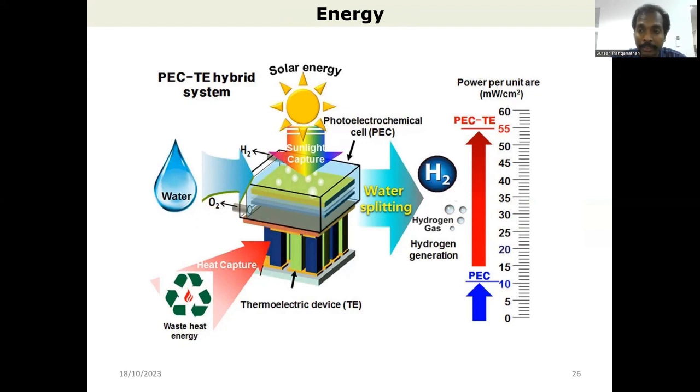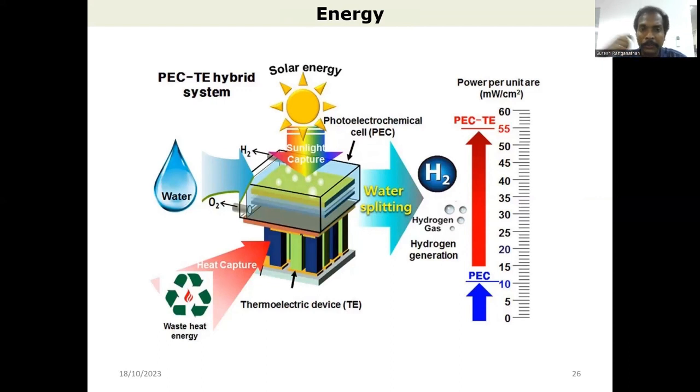We can get hydrogen energy, and we can also get electrical energy by using nanomaterials. Water splitting reactions: you know that water will undergo splitting and form hydrogen and oxygen. This reaction can be performed by using nanomaterials and electricity.